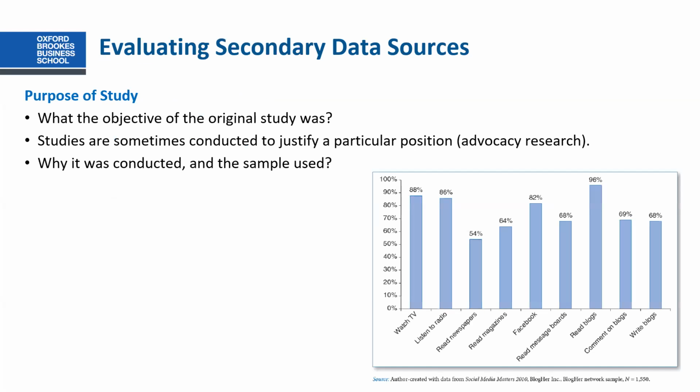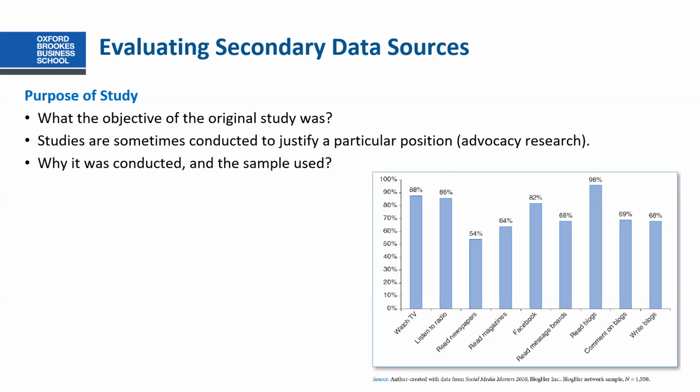Another criterion to assess secondary data is the purpose of the study. As I mentioned earlier, one of the disadvantages of using secondary data is that the data might not be relevant to your research topic or research question.